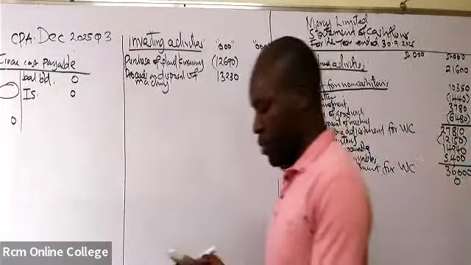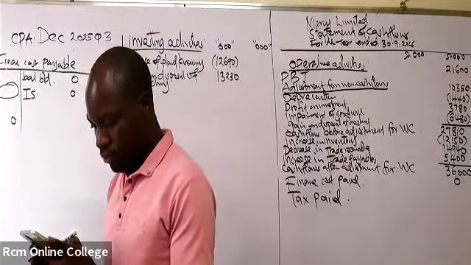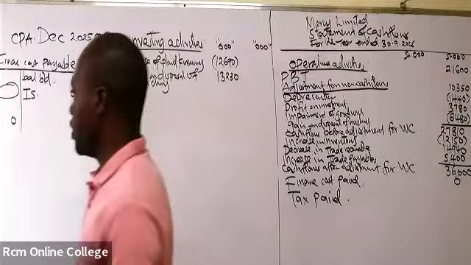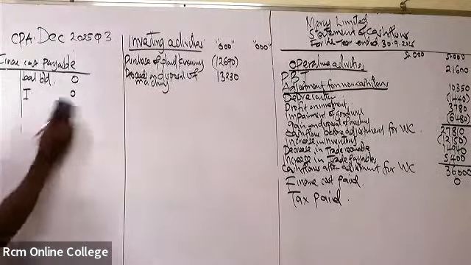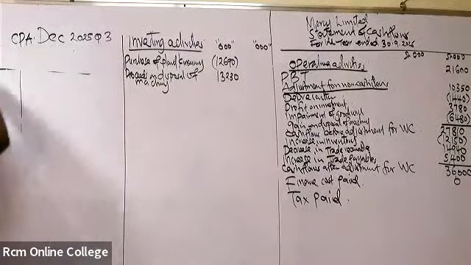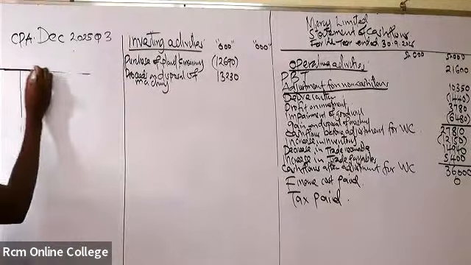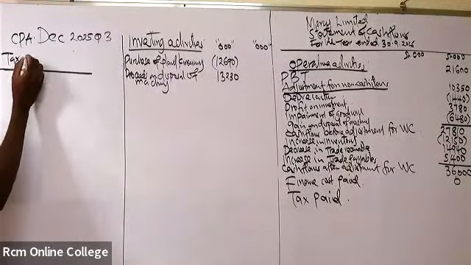Let's look at the tax payable. I think we have something to do with the tax. Yes, we have something to do with tax. So I'll simply change the title, since all of them are liabilities, to talk about tax. If it's just a simple tax, we can talk about current tax, right? But let me put it as tax payable.